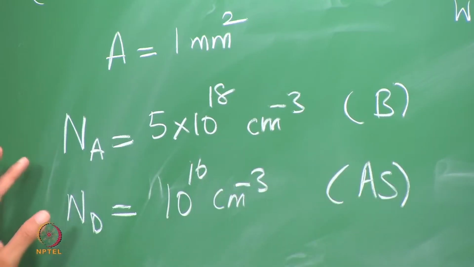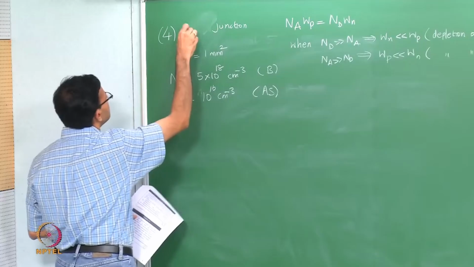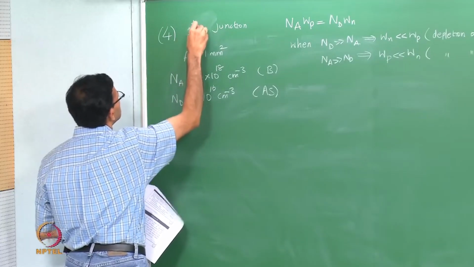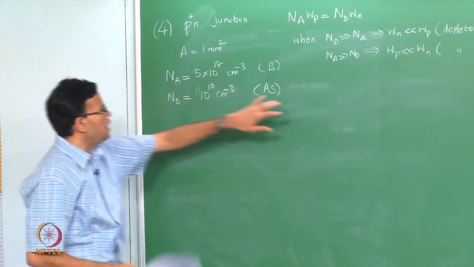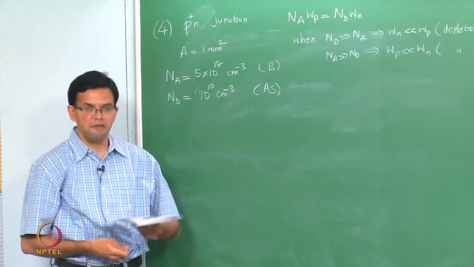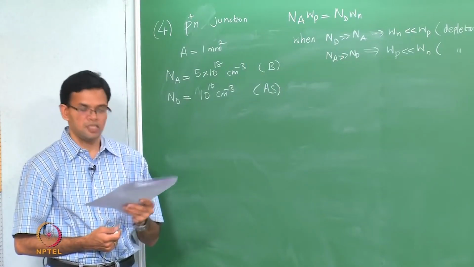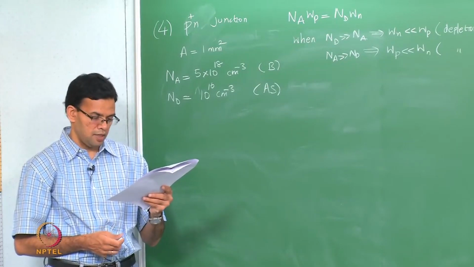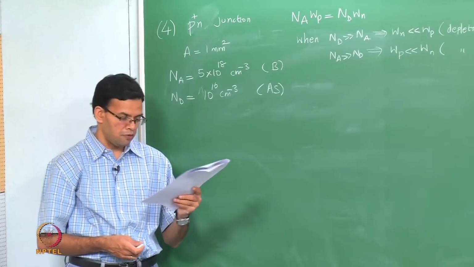So, in this problem Na is much higher than Nd. So, this should actually read P plus N, not P n plus, it is my mistake, because Na is much greater than Nd. So, we have 5 times 10 to the 18 boron and 10 to the 16 arsenic atoms on the N side. The hole lifetime values are also given.